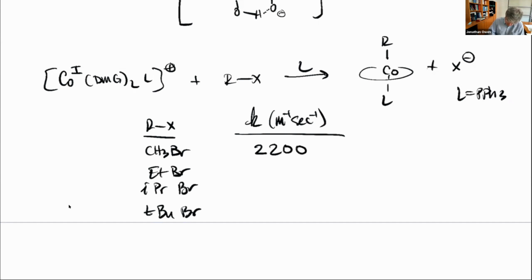And he found it was fastest for the methyl, and it got progressively slower until there was no reaction. And so this says sterics rule.